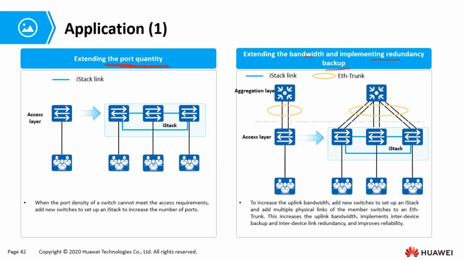To increase the uplink bandwidth, a new switch is added to set up an iStack, and multiple links from a member switch are added to an Eth-Trunk. This will increase the uplink bandwidth, implement inter-device backup and inter-device link redundancy, and improve reliability, because with Eth-Trunk you add more devices that are logically one interface.